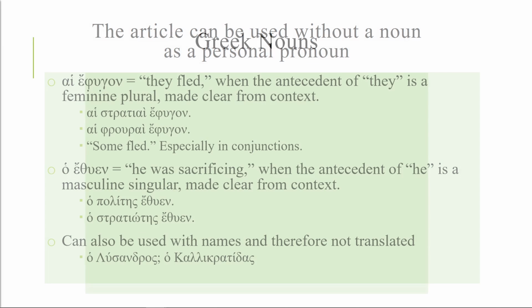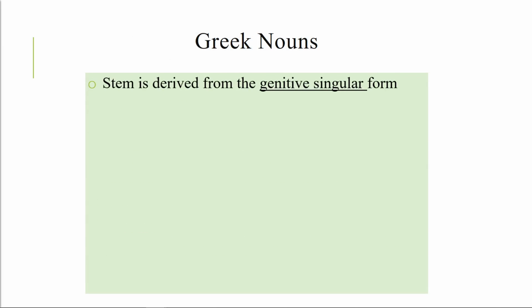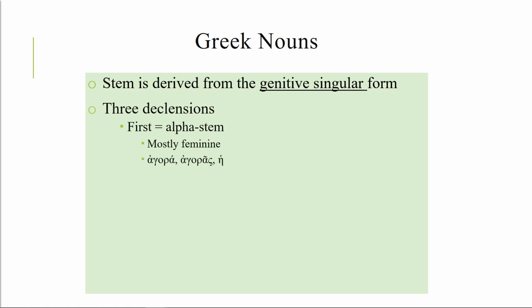Now, what about the nouns? The nouns have a stem that is derived from the genitive singular form, not the nominative singular form, because in the third declension, it's often a different stem. So there are 3 declensions. The first one is almost all feminine, and it has this alpha or eta stem.